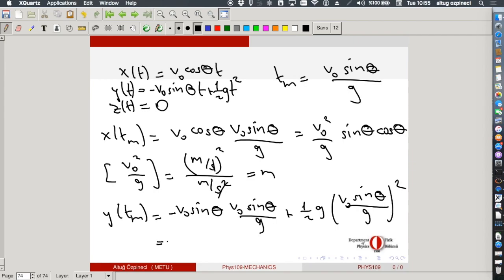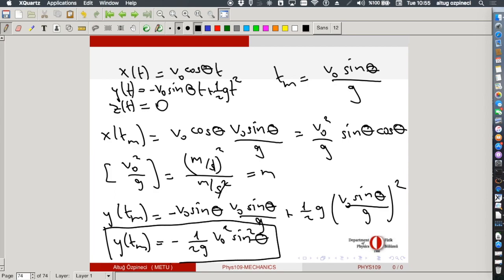If you just calculate it, this is minus 1 over 2g v0 squared sine squared theta. This is the maximum height. Is this the maximum height? Yes or no?